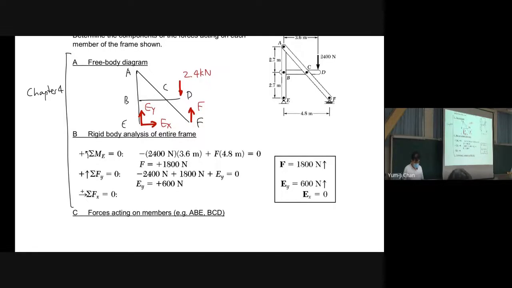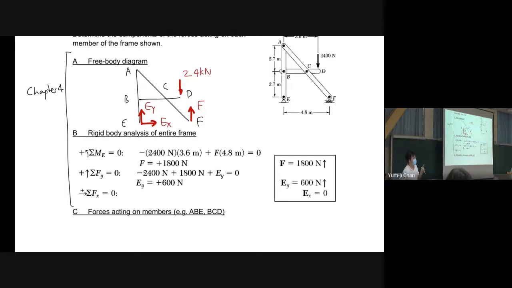For the next thing, we want to determine the forces acting on members, or I would say forces between members. Now, I will take two examples.